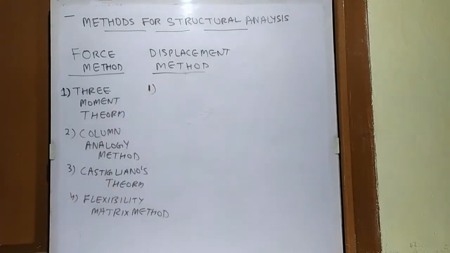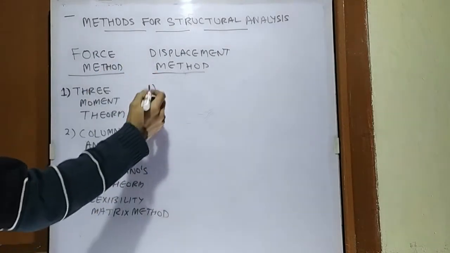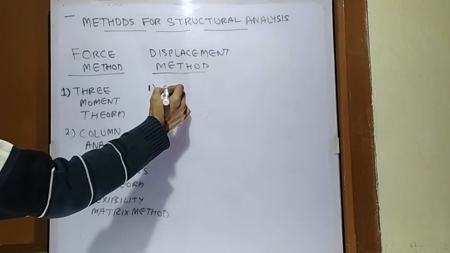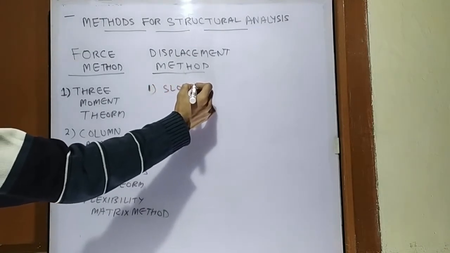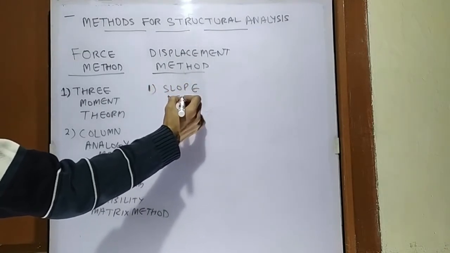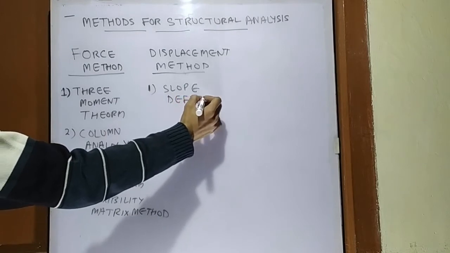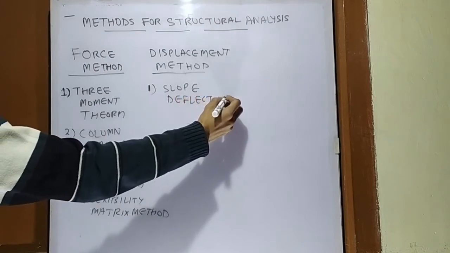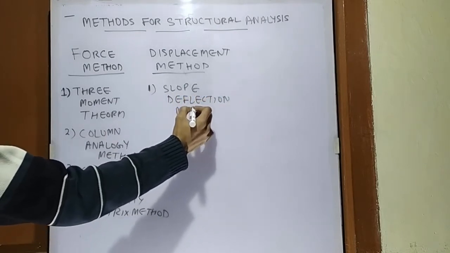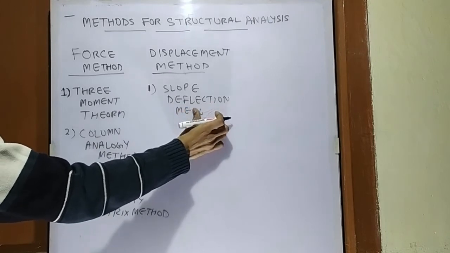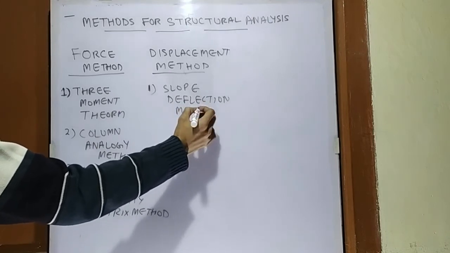Now what are the methods which come under the category of displacement method? Okay, so the most important methods which come in the category of displacement method are slope deflection method. Okay, this is very important and very easy method.